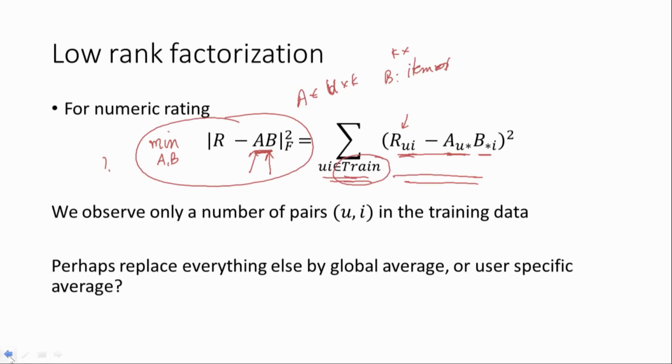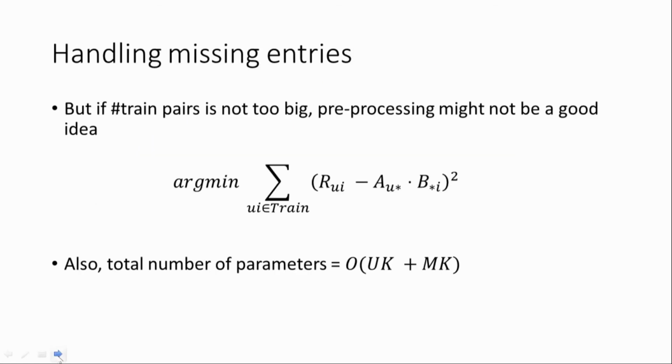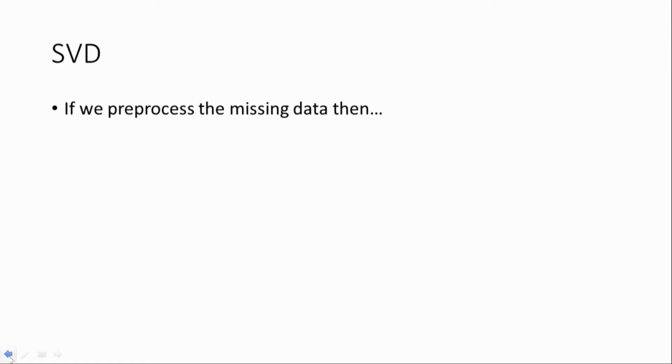So one way of handling it is as follows: you try to fill up the missing entries using some average, right? Then you find the SVD.